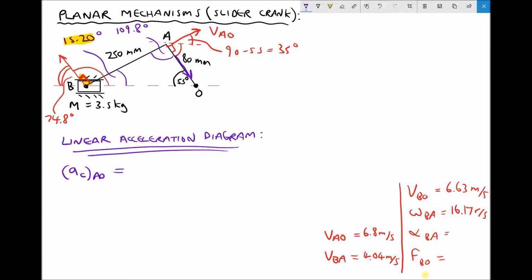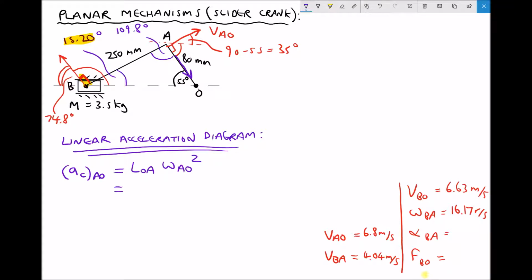The radius of rotation is the length of the linkage OA. And the angular velocity that we're using is the angular velocity of A relative to O, which was given in the original question. And that's omega AO squared.